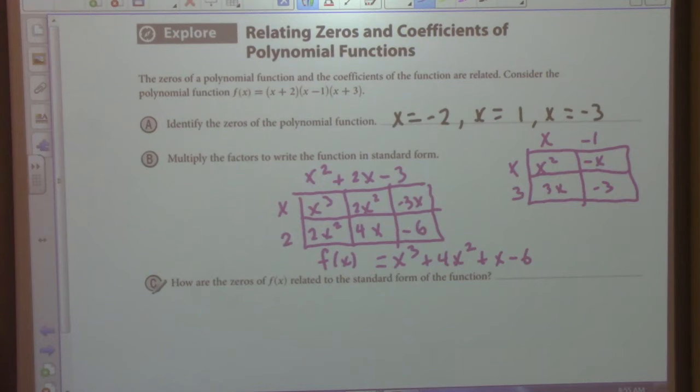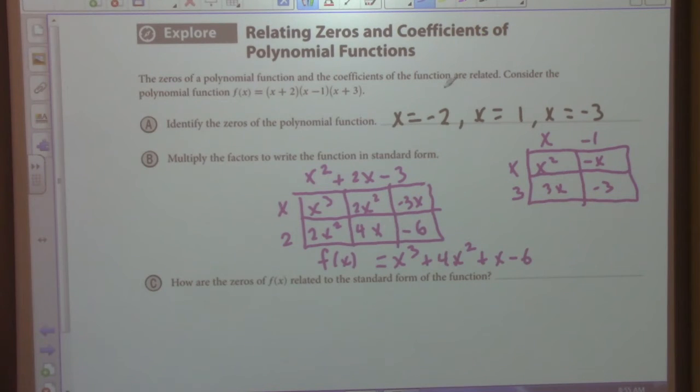Then ask the question: how are the zeros of f of x related to the standard form of the function? What's your answer to that question? Well, to me, it's not super obvious if you just look at that.